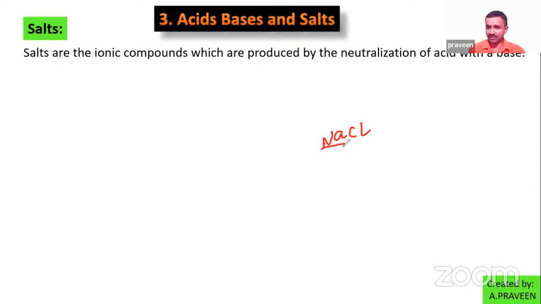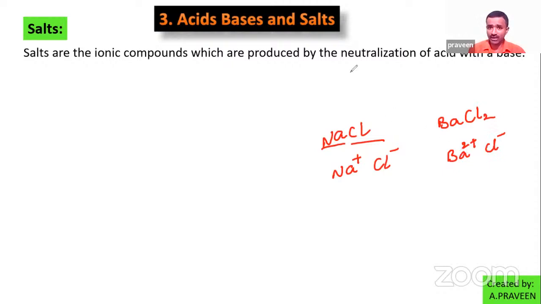Here we observe the ions Na plus and Cl minus. One more example: barium chloride, BaCl2, with Ba2 plus and Cl minus.